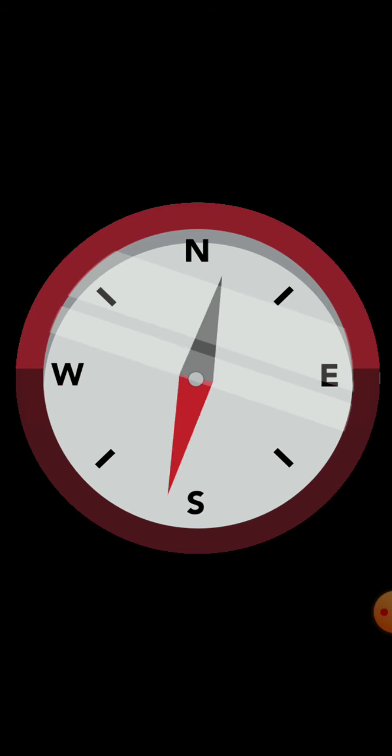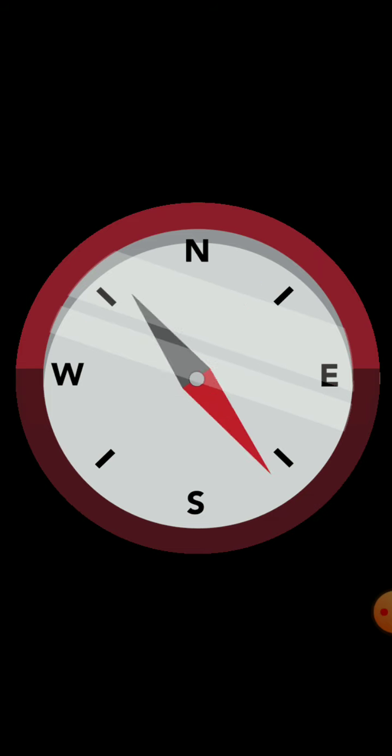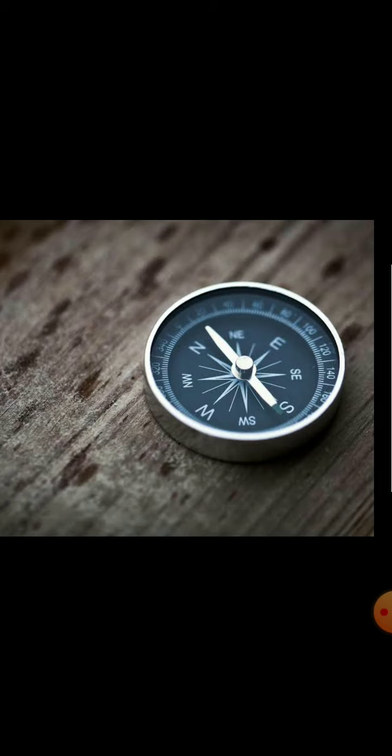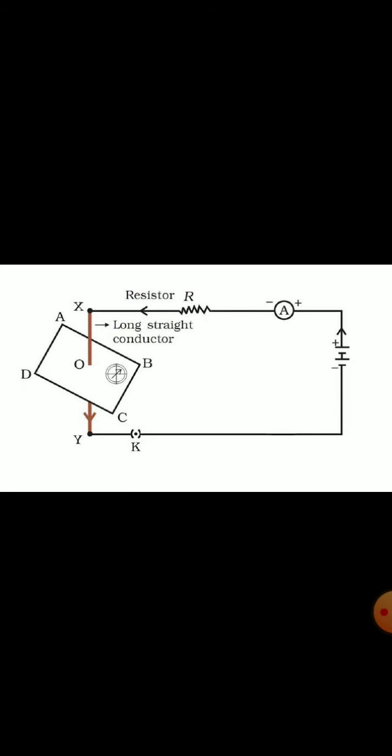The change will be there in the position of the needle of the compass, which means where the needle of the compass was before, it will change its position. When the needle is deflected, what does it show? It suggests to us that the electric current through the copper wire has produced a magnetic effect.